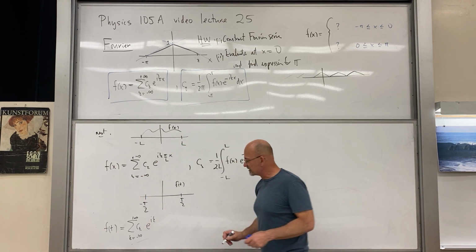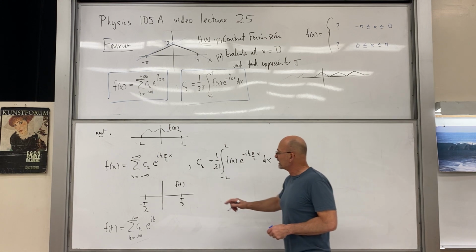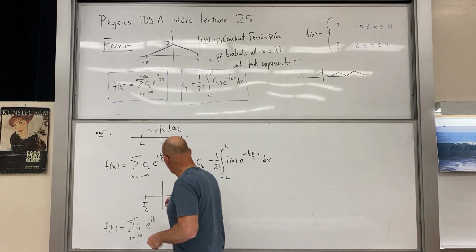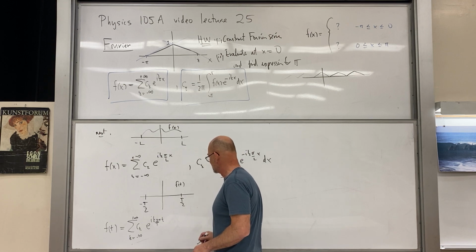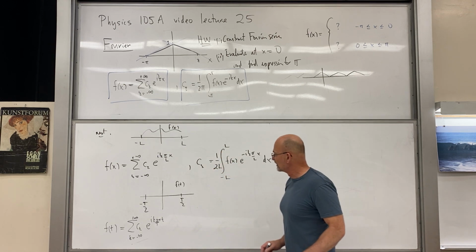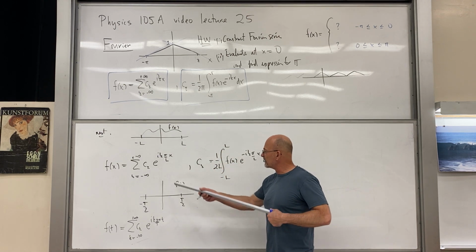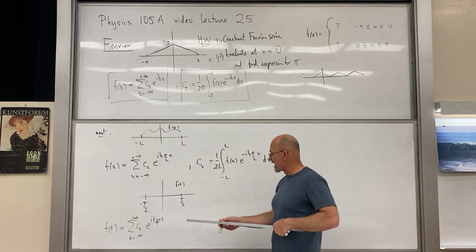K is just the whole number index, right? So instead of pi over L, we're going to have 2 pi over capital T times t. And we just change the name of L to T over 2.